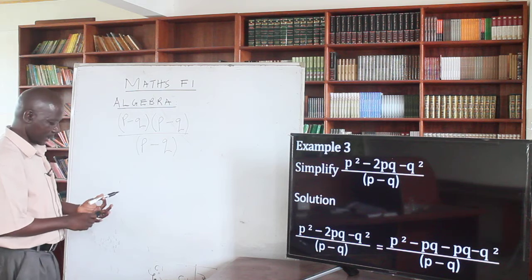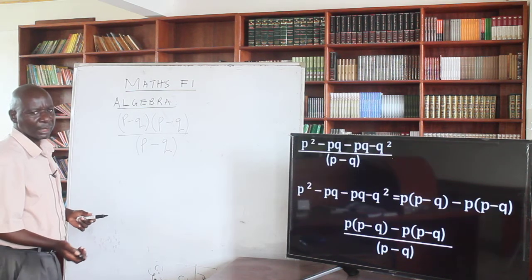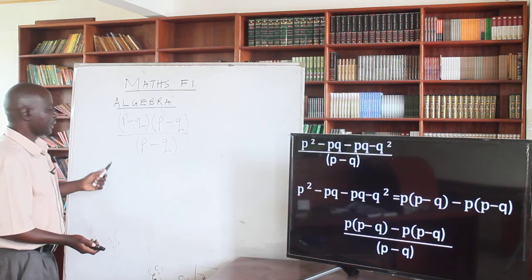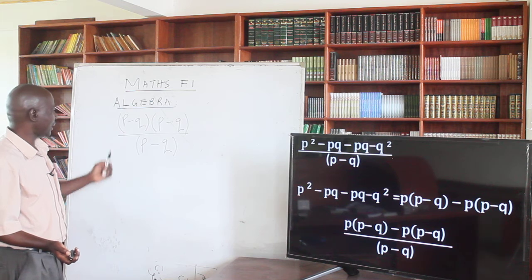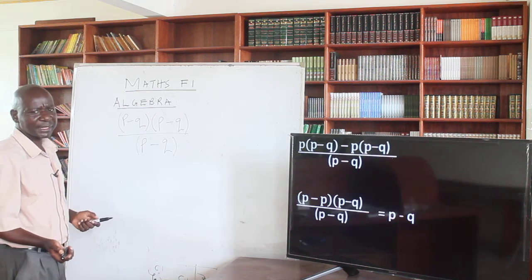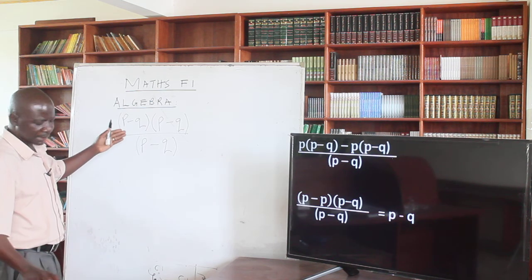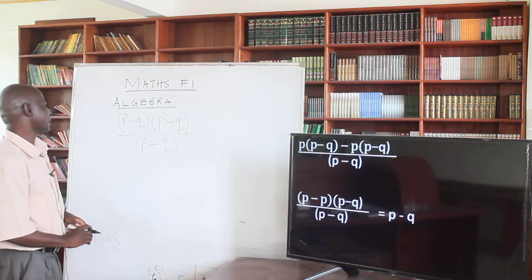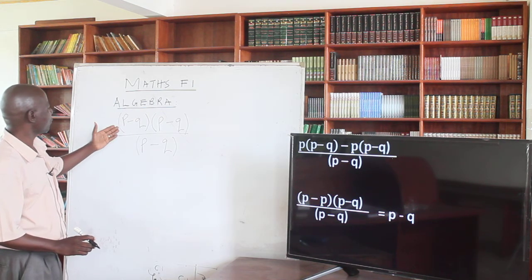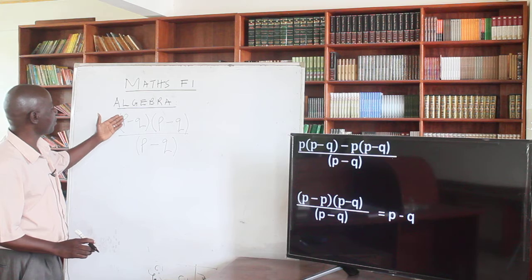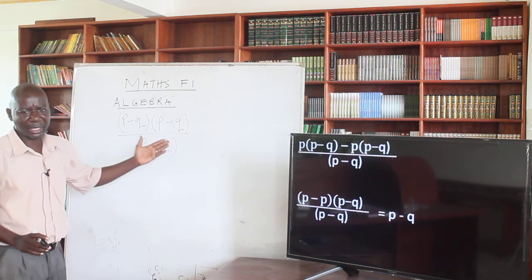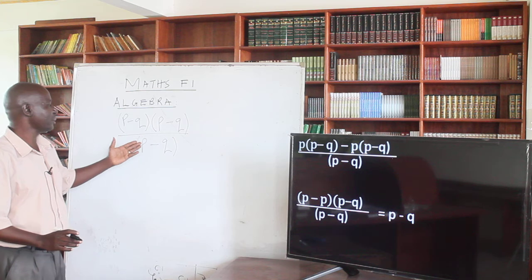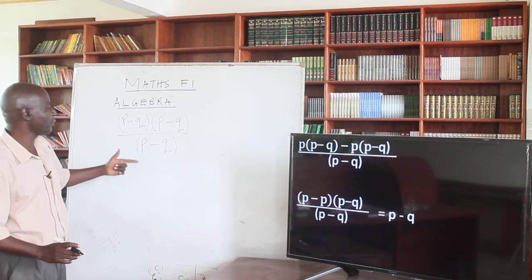So you see, this will give us a term at the numerator which resembles another term at the denominator. That term at the numerator is P minus Q, resembling another term P minus Q at the denominator.